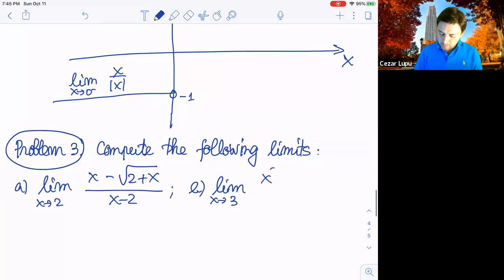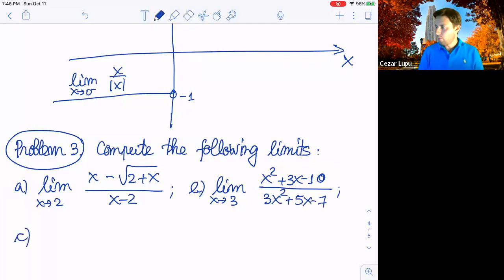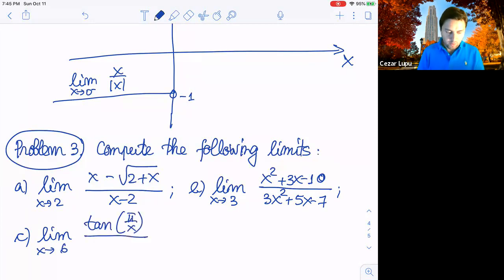of this rational function, x squared plus 3x minus 10, everything over 3x squared plus 5x minus 7. The third one is the limit as x approaches 6 of tangent of pi over x, everything over x minus 1.